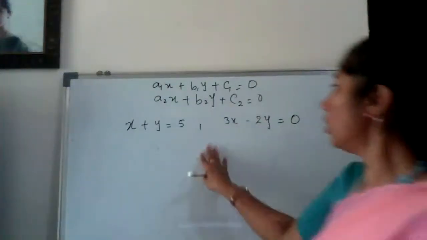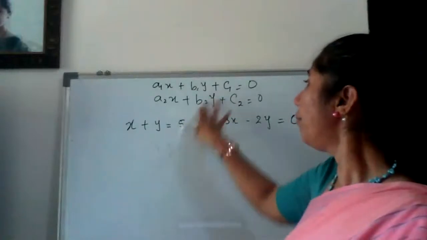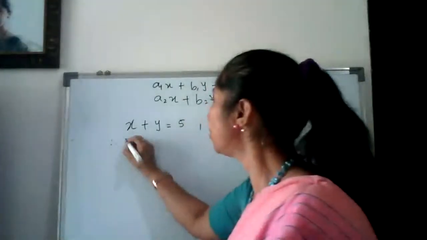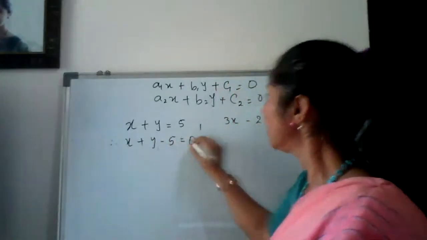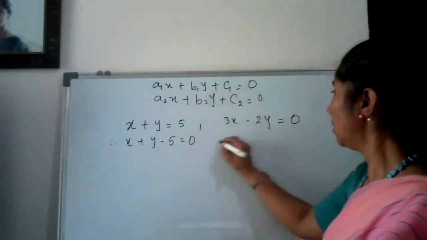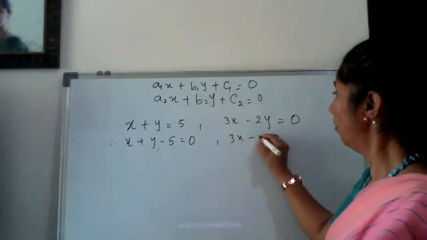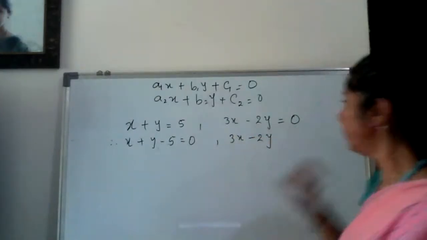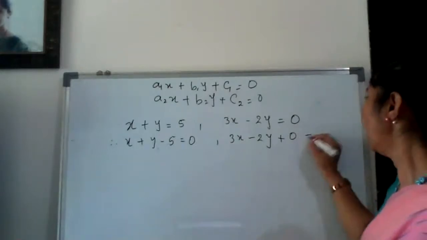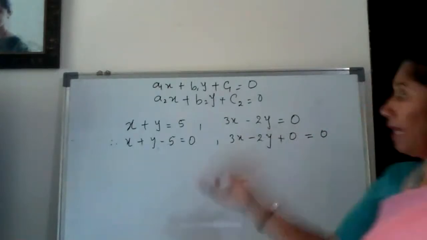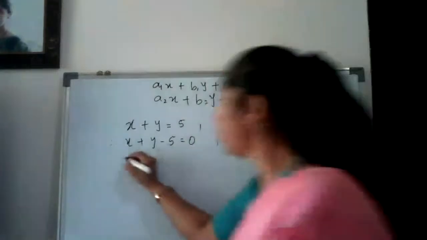Now, if I compare it with the general form, how do I write the equation? As x plus y minus 5 is equal to 0, and the other equation will be 3x minus 2y plus 0, or minus 0, anything, is equal to 0. And if I compare it with the general form, what do you see?